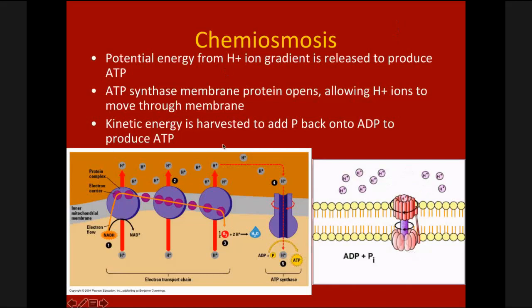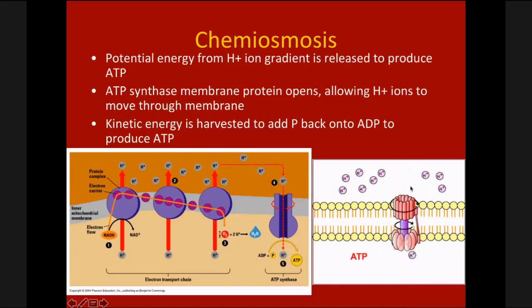And the dam door is this membrane protein that acts as an enzyme. It's called ATP synthase. It's going to open, and it's permeable to those hydrogen ions. So hydrogen is going to naturally rush or diffuse down its concentration gradient through the ATP synthase.